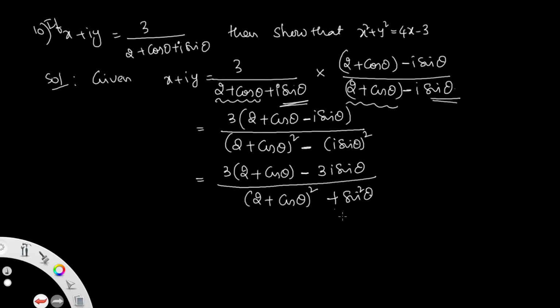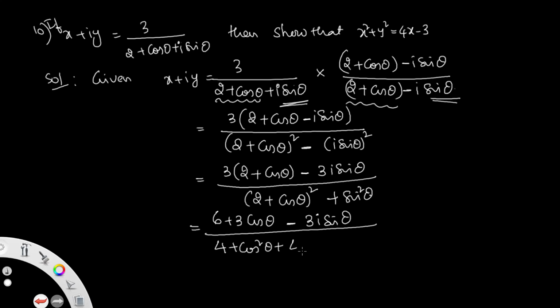Simplifying, 3 into 2 is 6, so the numerator is 6 plus 3 cos theta minus 3i sin theta. After simplifying the denominator we can separate. (2 plus cos theta) whole square is a plus b whole square: 4 plus cos square theta plus 2ab, that is 4 cos theta, plus sin square theta.